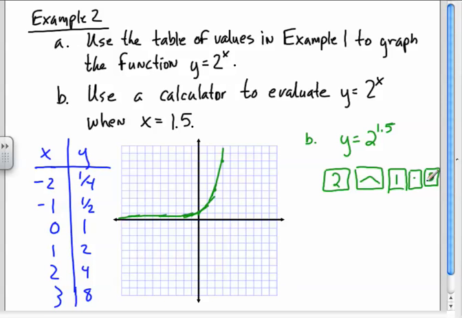You can't see me, but I'm pulling out my calculator right now. And I know that it's something like 2.8 something, but let's see. I typed it in, and I'm going to get 2.8284. Let's just round it to the 10,000, to 4 places. And so when I raise 2 to that 1.5 power, this is the answer that I get.